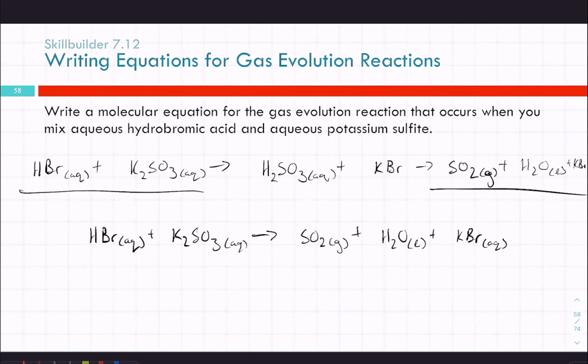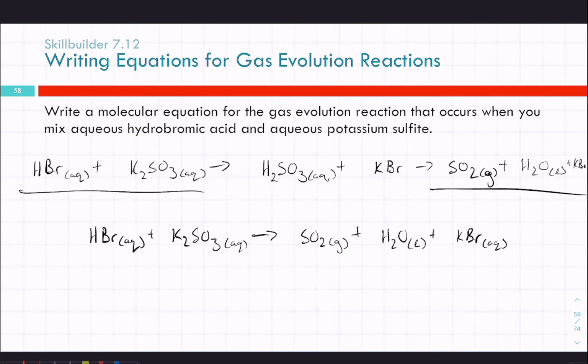And at this point now you can balance it. And these are also like an exception to breaking apart things like sulfite. So now we want to consider sulfur and oxygen separately, because this doesn't go from sulfite in the reactants to sulfite in the products. It's SO2 now.